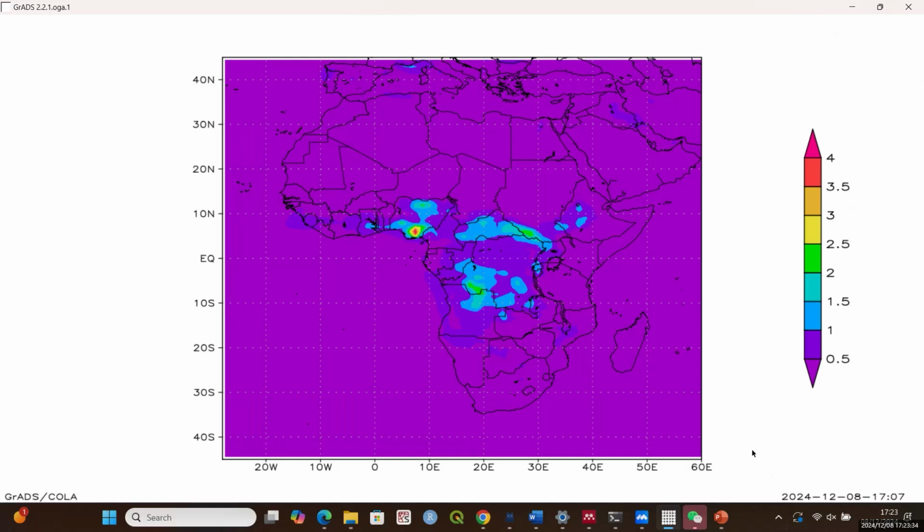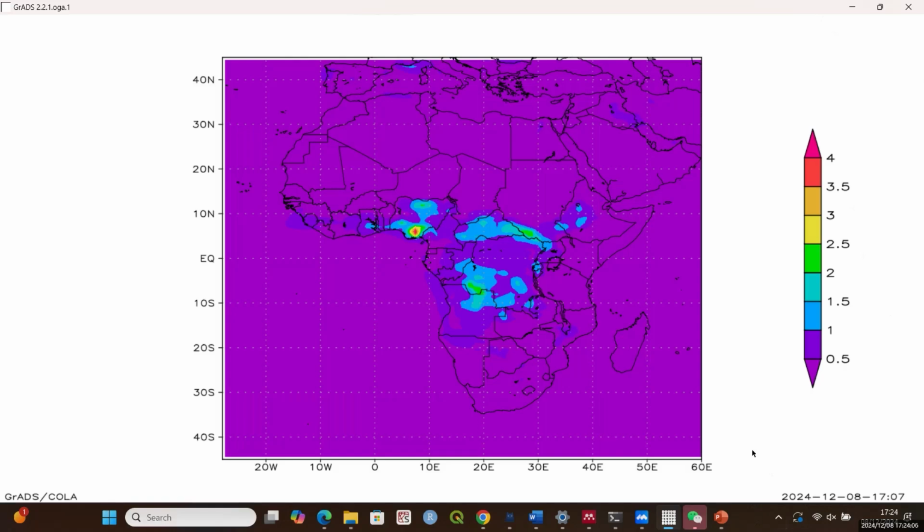But your data performs like this over this region. If you tell them it will rain by 5 millimeters, actually it will not be 5 millimeters. Maybe it will be much lower, maybe even zero, because this model is overestimating over this region. There are some errors. But over this other region it is underestimating. If you tell them 1 millimeter, maybe it will be 5 millimeters.